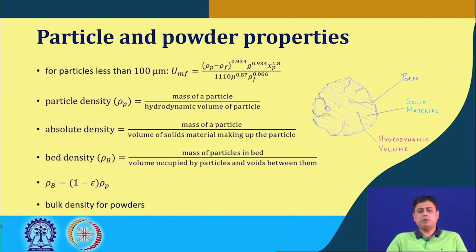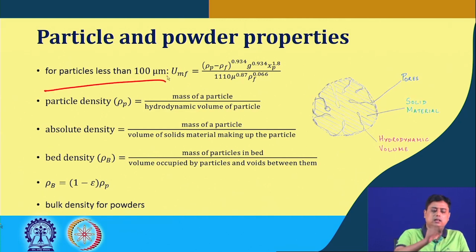The other relevant property that we consider during fluidization is for particles less than 100 micron. In the previous slide we saw relations for particles of more than 100 micron. Other researchers have also come up with UMF expressions for particles less than 100 micron.